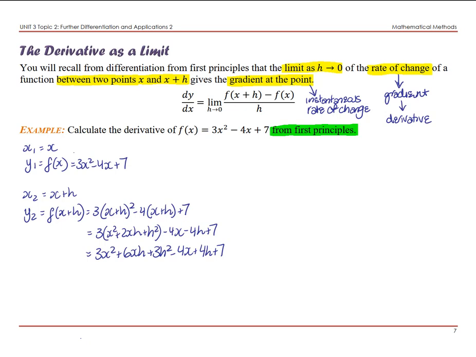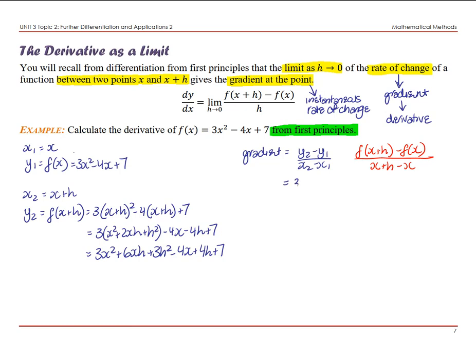Now we can move on to the gradient, which is y2 minus y1 over x2 minus x1. Or if you want to think about it in terms of the formula, your f of x plus h minus your f of x over x plus h minus x.